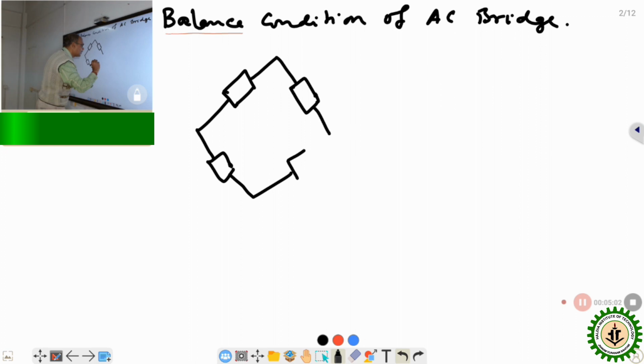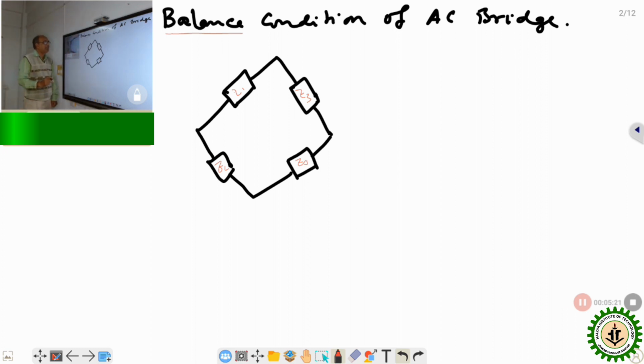This is the 4-arm bridge. So I am drawing that. These are all impedances: Z1, Z2, Z3, and this is the fourth one, Z4.